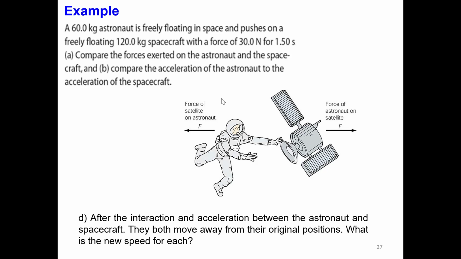In this example, we are going to apply the concept of the third Newton law, the second Newton law, and some kinematic equations. In this case, we had an astronaut. The mass of this astronaut is 60 kilograms, and the mass of the satellite is 120 kilograms. According to the example, this astronaut exerts a force of 30 newtons on the satellite for 1.50 seconds.